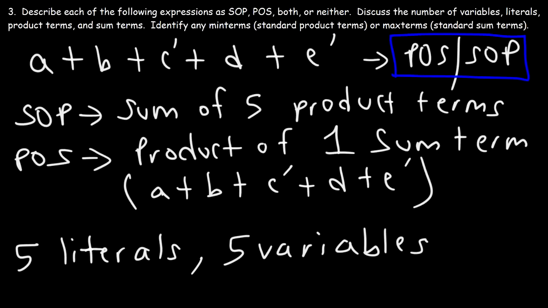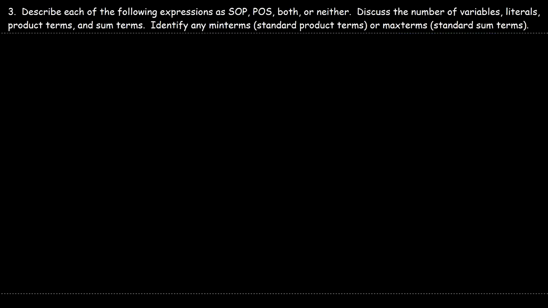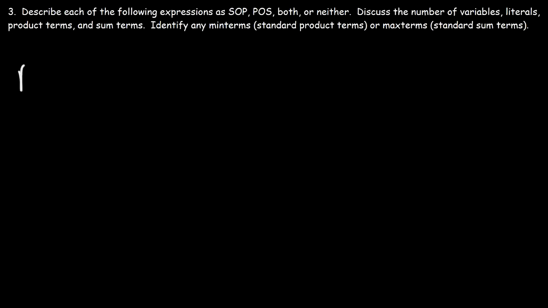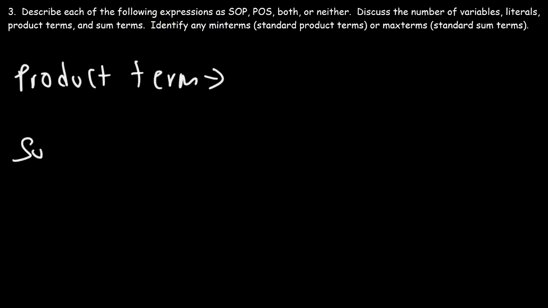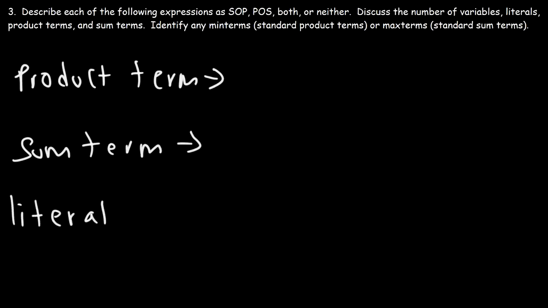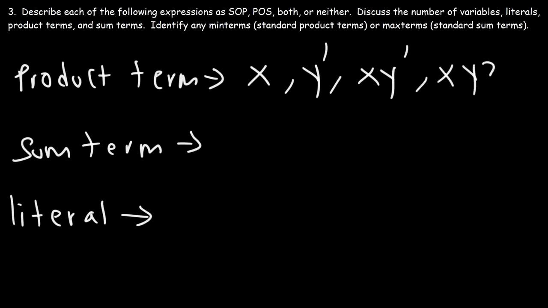So make sure that you understand the difference between a product term, a sum term, and a literal. A product term could be just a single variable x, it could be y prime, or it could be multiple literals multiplied to each other, like xy prime or xyz.